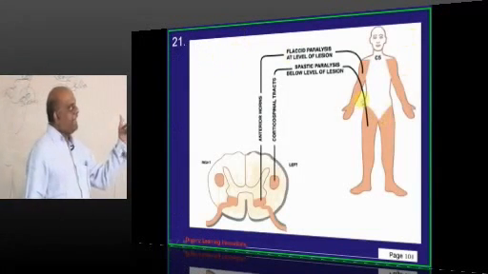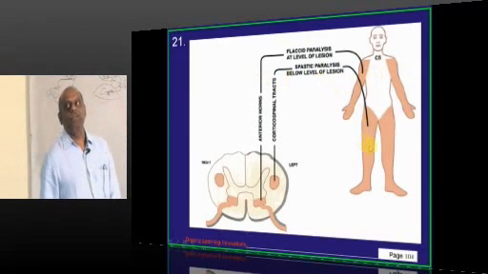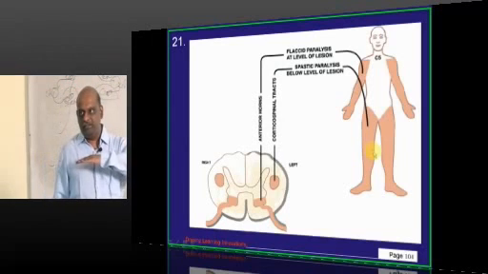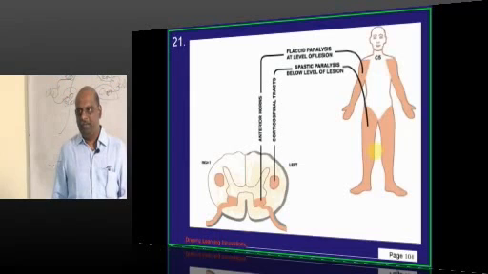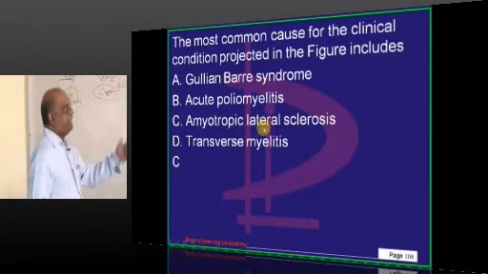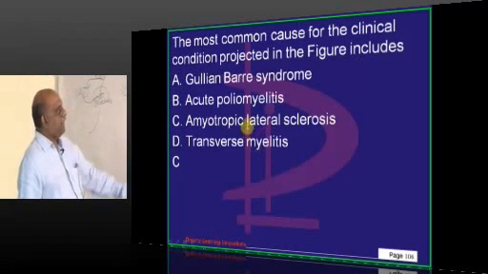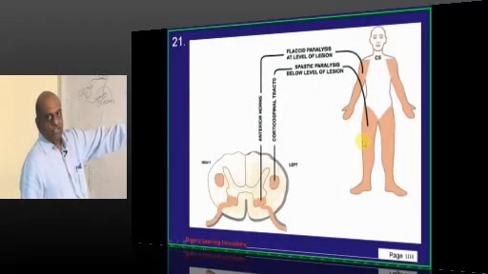Then there is flaccid paralysis at the level of the lesion and spastic paralysis below the level of the lesion. At the level of the lesion, LMN type. Below the level of the lesion, UMN type. That means lower limbs have UMN features and upper limbs have LMN features.